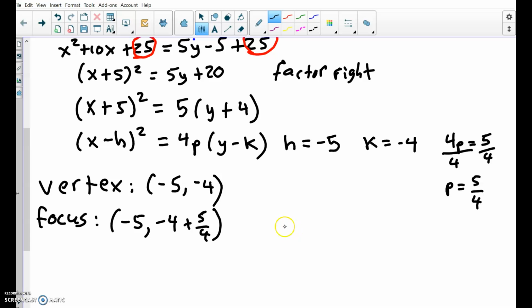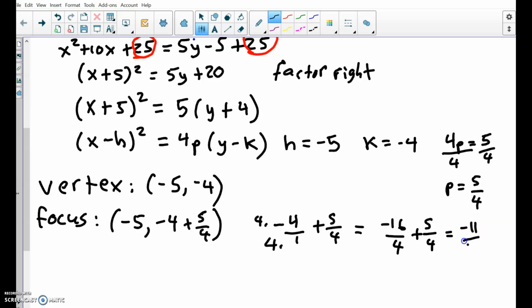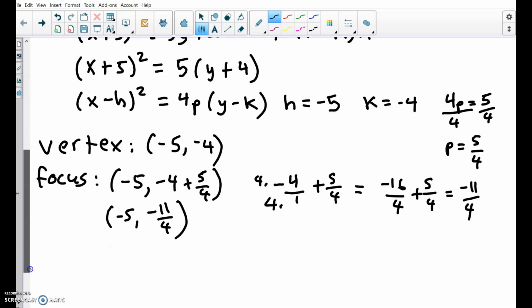And you can do that arithmetic over here. Okay, so our focus is at (-5, -11/4). Okay, we're doing good. We need to get the directrix and the graph, and then we'll be done.